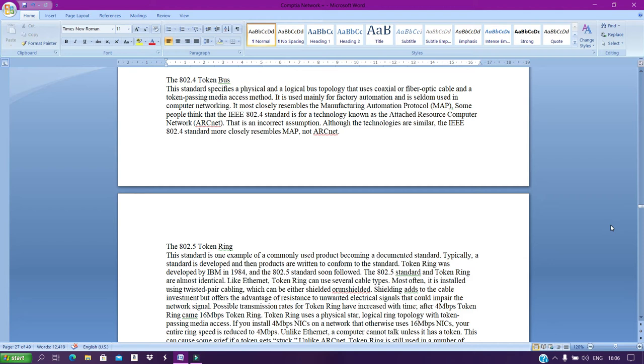Some people think that the IEEE 802.4 standard is for a technology known as the Attached Resource Computer Network, ARCnet. This is an incorrect assumption, although the technologies are similar. The IEEE 802.4 standard more closely resembles MAP, not ARCnet.